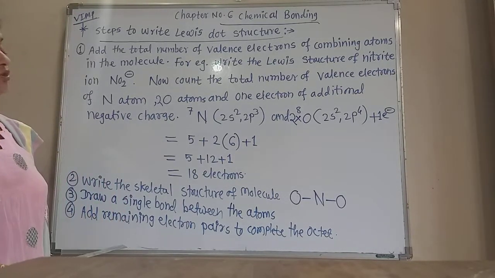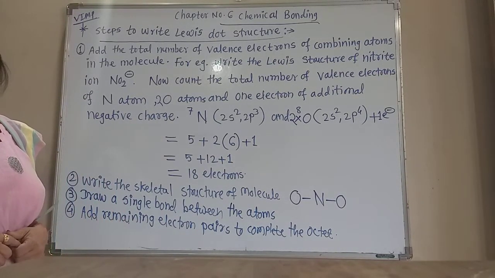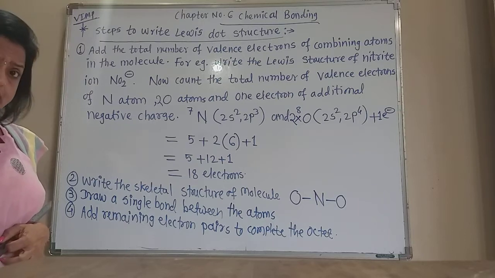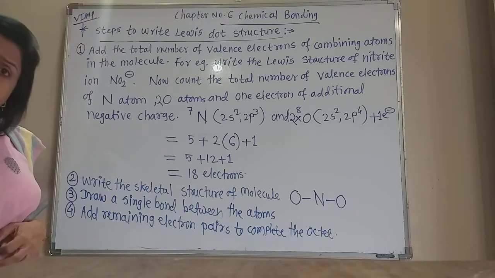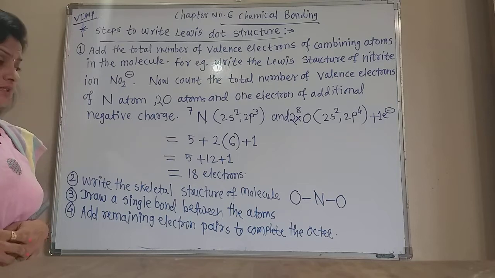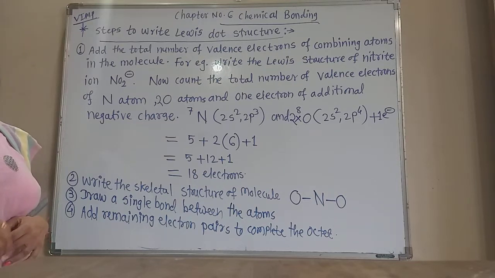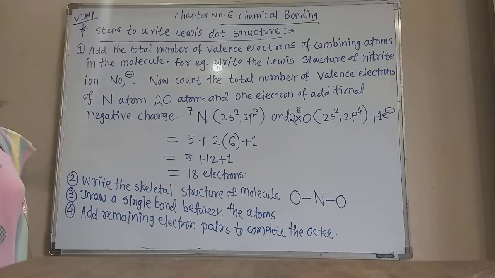But nitrogen does not complete its octet. In such a case, when one of the atoms does not complete its octet, there must be a multiple bond, that means a double or triple bond. Now how do we satisfy the octet of both atoms? Let us see.